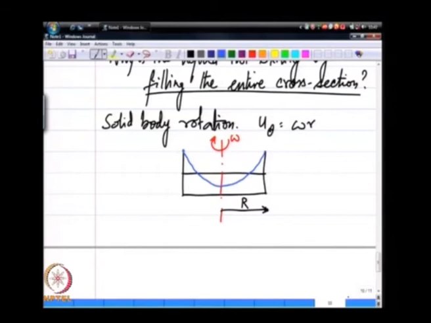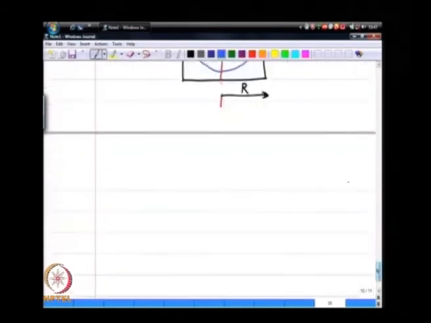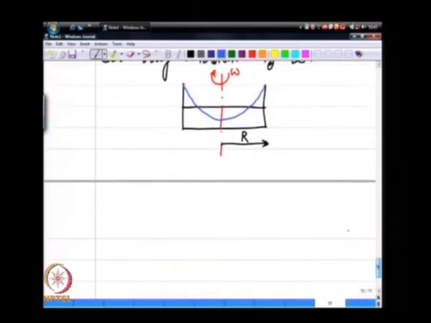This is our steady condition. Where does this come from?